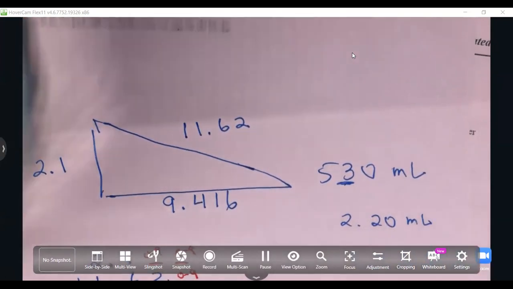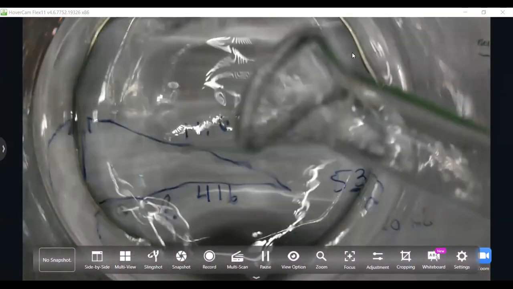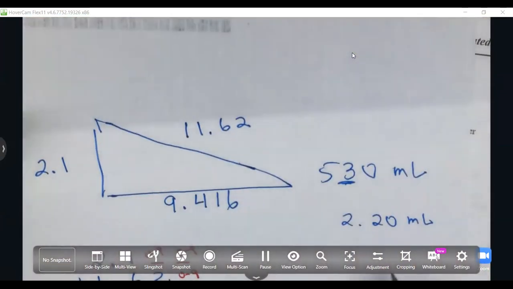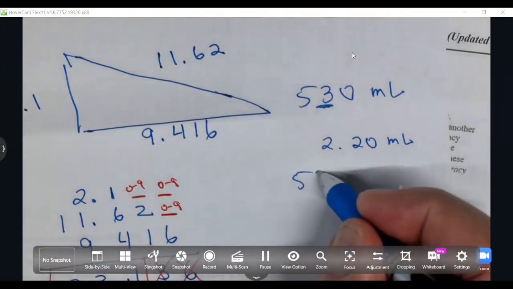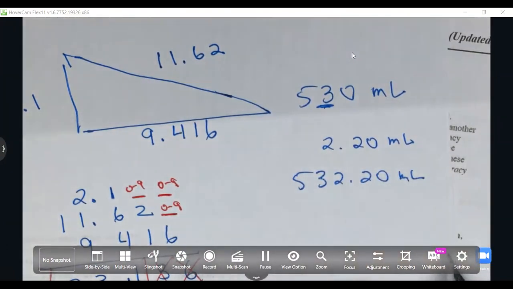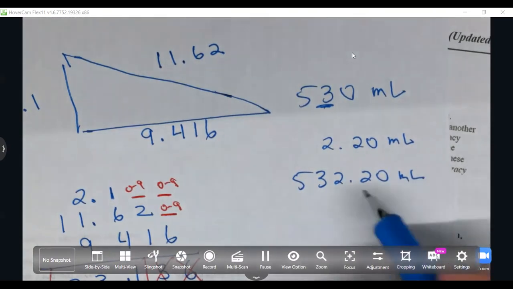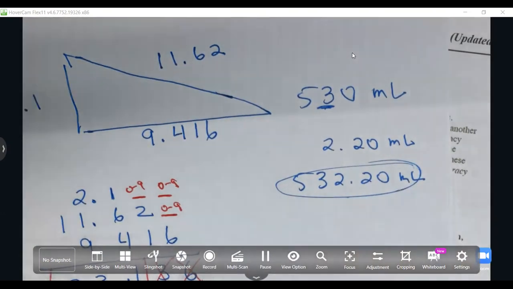So if I dump this in here, are you now going to tell me inside that big beaker is 532.20 milliliters? There's no way, right? There is no way you could write this down. There's three pretty good examples of sig figs and why we use them. Basically, it's so you're not a liar.